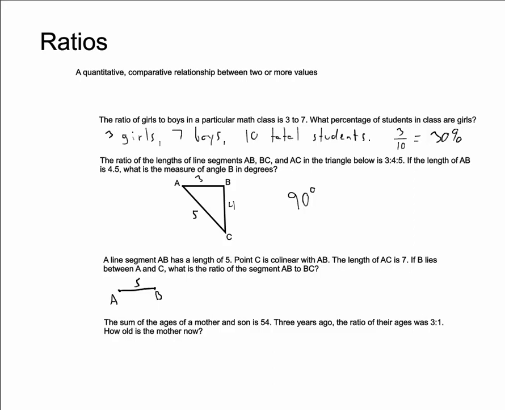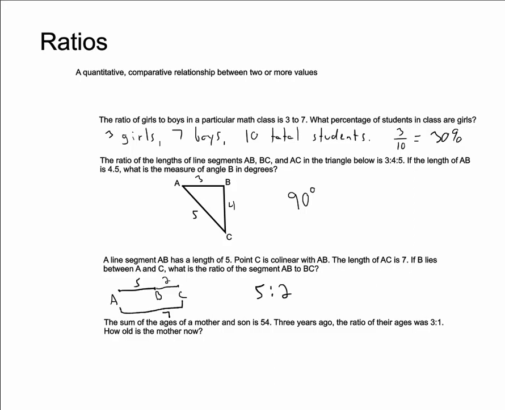Then we have B lies between A and C is collinear, so that means C must be out here. And the length of AC is going to be 7. So from here to here, we have 7. That must mean that the length of BC is going to be 2. So the ratio of segment AB to BC is going to be 5 to 2.